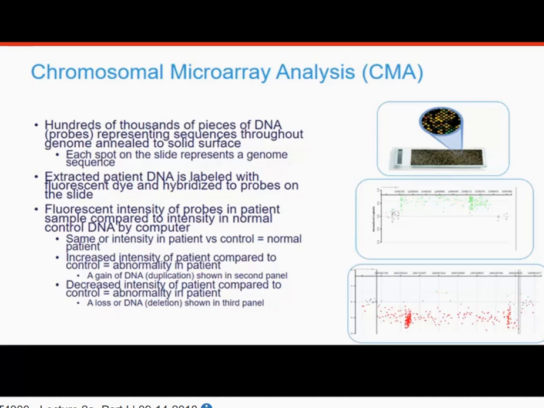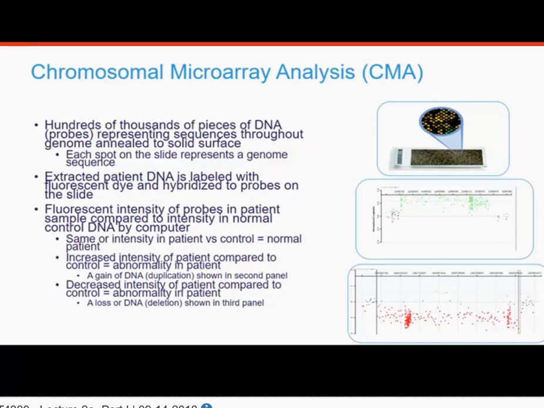With array comparative genomic hybridization, we do the control DNA along with the patient DNA. On other platforms, the patient DNA is the only one that's labeled. It's run through a scanner, and then it's compared to a database that has the control. So an array is always compared to control DNA.